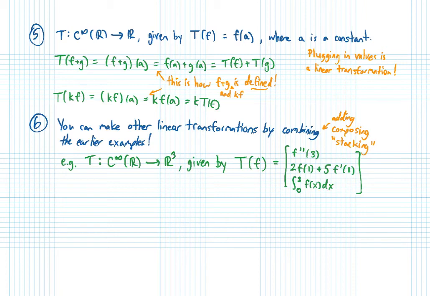And then the second component is 2 times f of 1 plus 5 times f prime of 1. So f of 1 involves plugging in, f prime of 1 involves taking a derivative and then plugging in, and then we're taking a linear combination of those two things. So it's 2 times f of 1 plus 5 times f prime of 1. And then the third component is an integral from 0 to 3 of f of x dx.